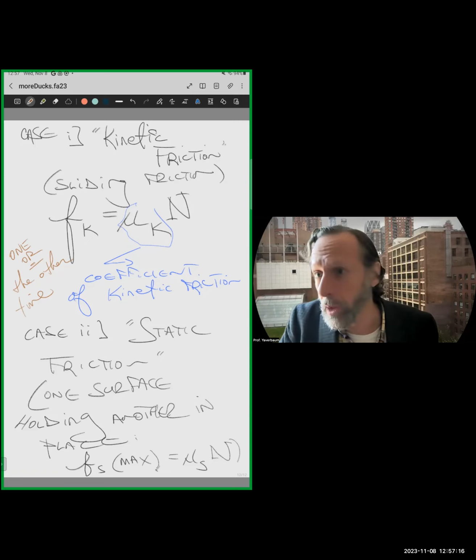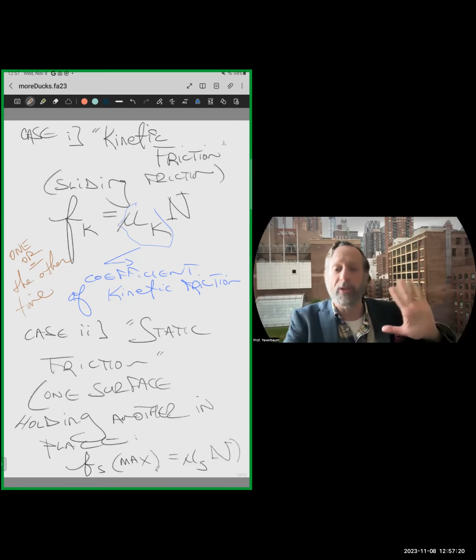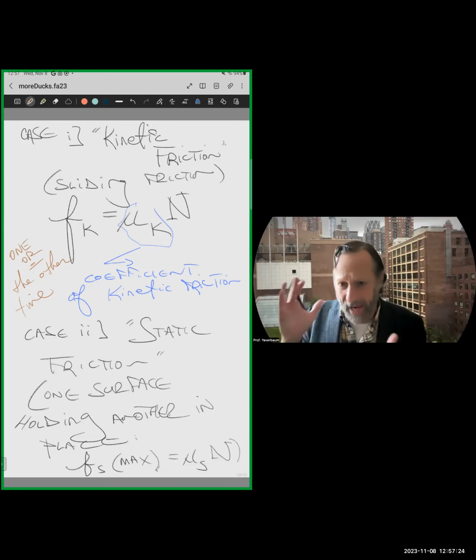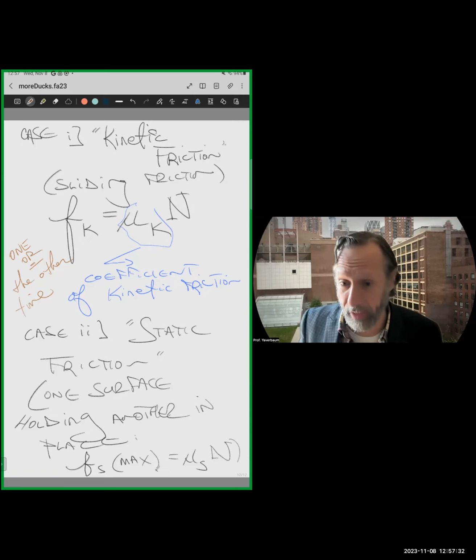So this is a sidebar that's also in the notes. I just had to be clear because in the lab too, there are different cases of friction. So I'm just trying to lay them out right here so you have it, but it's always one or the other. I'm not saying that they can't both come up in a problem.